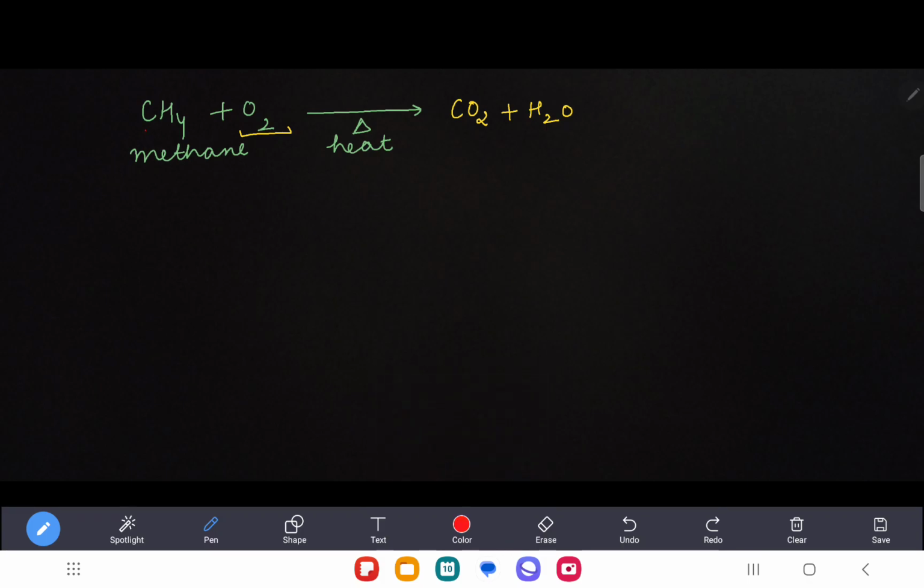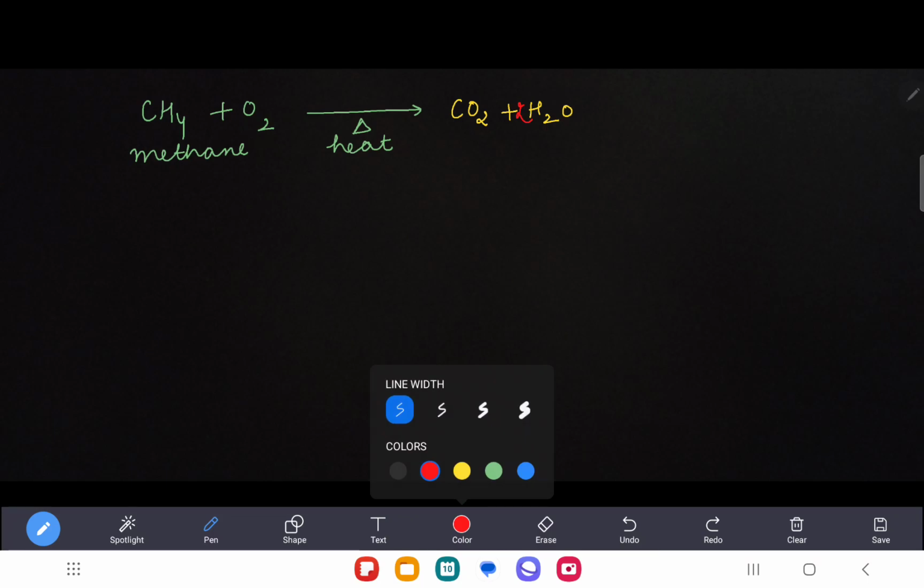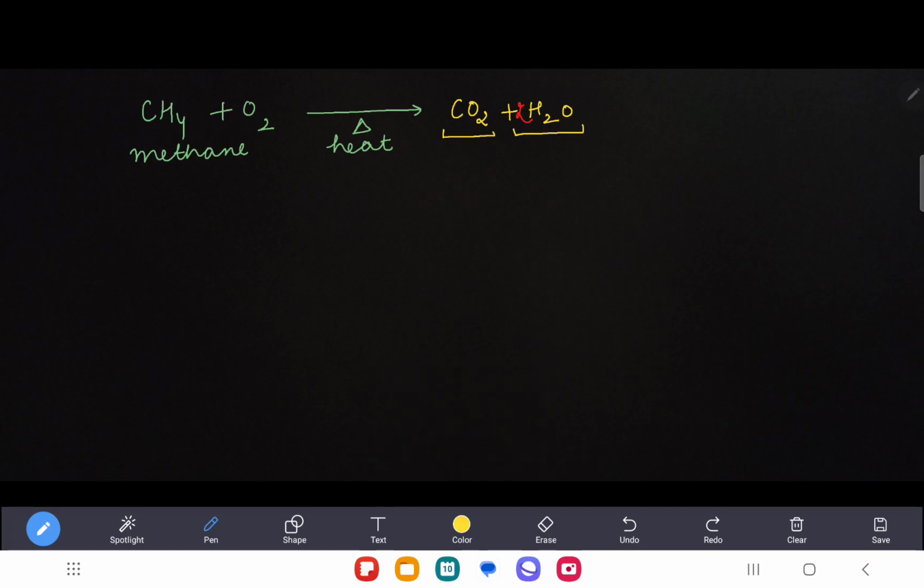So we have CH4 and we have O2. So it's like CH4 plus O2 shall give you what? CO2 plus H2O. So I have four H's right here, so I'll put two here. And I will balance the oxygen exactly in the end. Why am I going to do that? Just tell me. Because when you are saying CO2 and 2H2O, you understand?